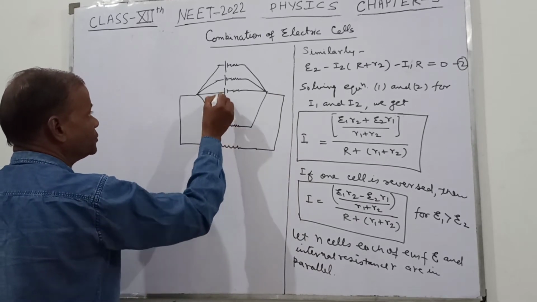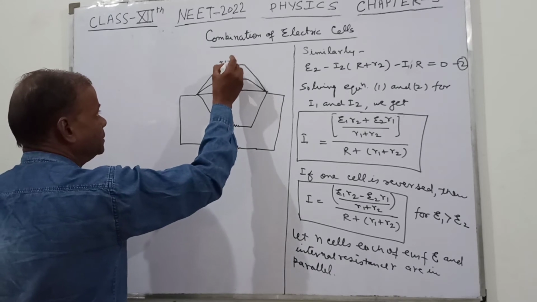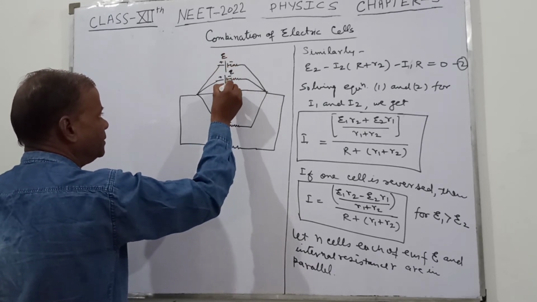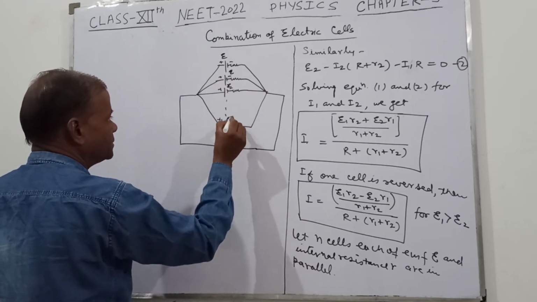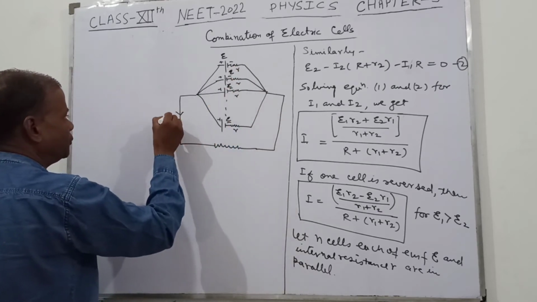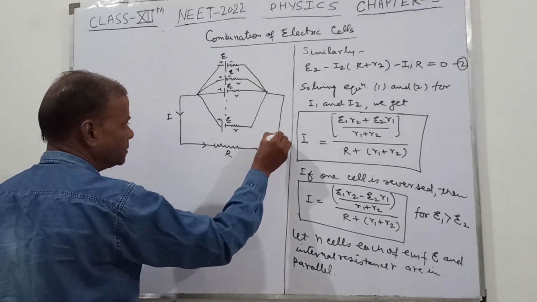This is positive, this positive, this positive, this positive. Each of EMF E and internal resistance R, and they are providing the current here in the external resistance.